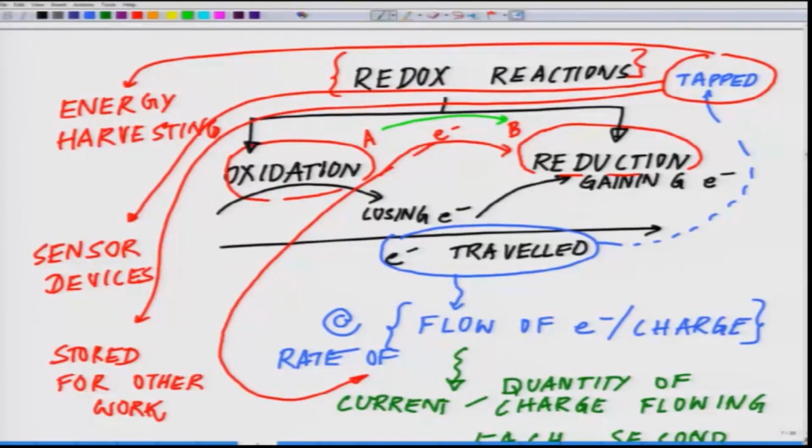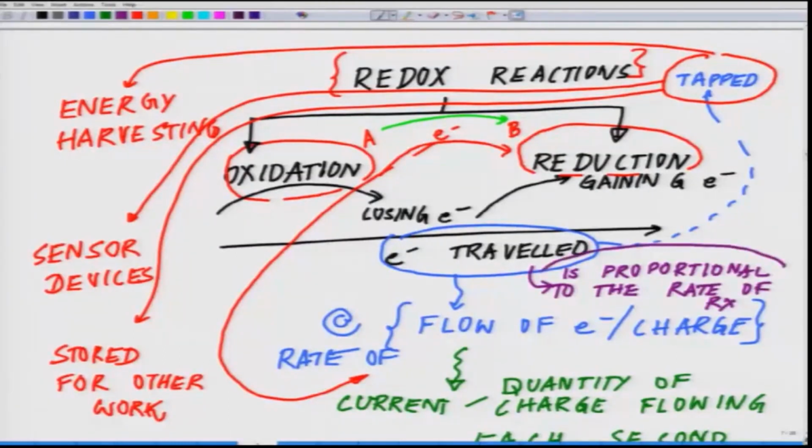Now, whenever there is a movement of electron, this movement indirectly tells something else. It is proportional to the rate of reaction.